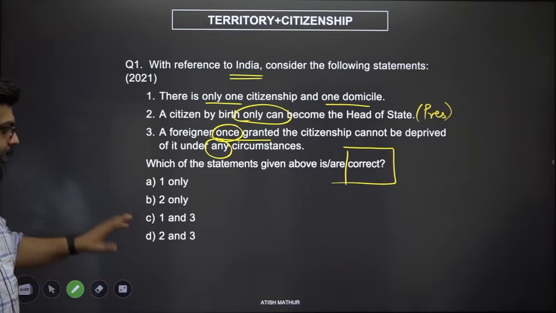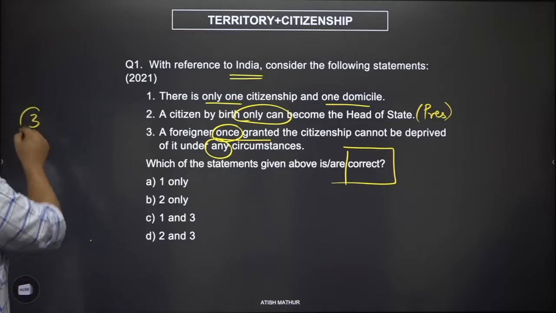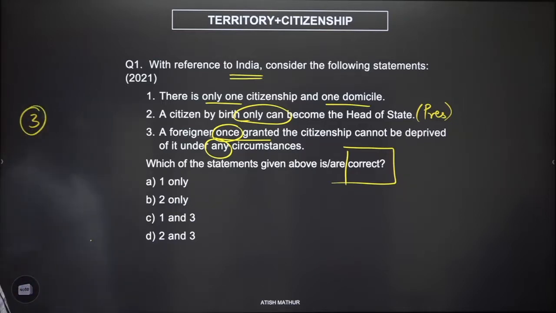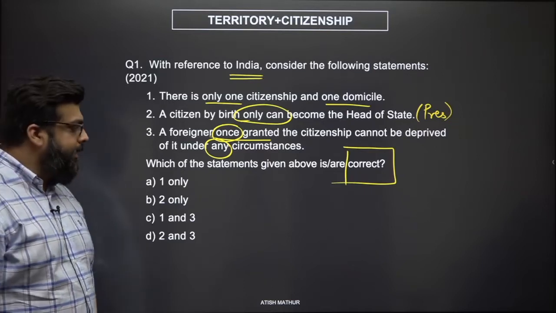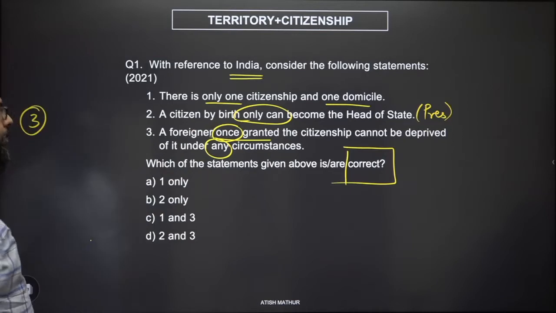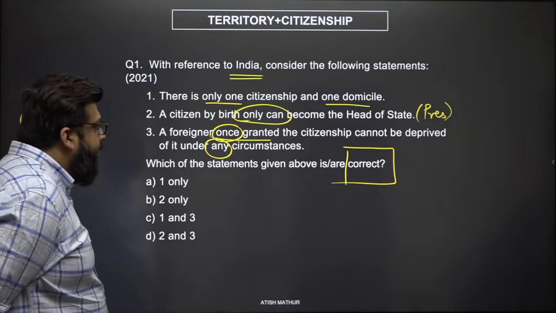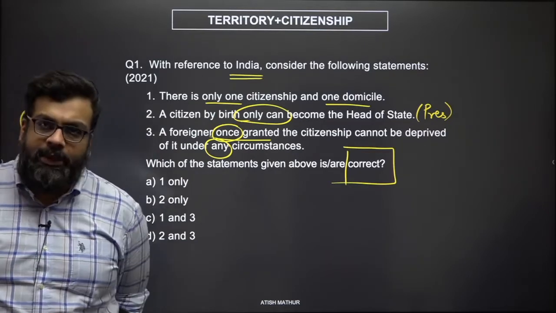Now, as we can see, we just glance through the options and we see that option number 3 is present in 2 of the options. So if I can eliminate option number 3, I'll only have to choose between option number 1 and option number 2. What does option number 3 say? A foreigner once granted citizenship cannot be deprived of it under any circumstances.